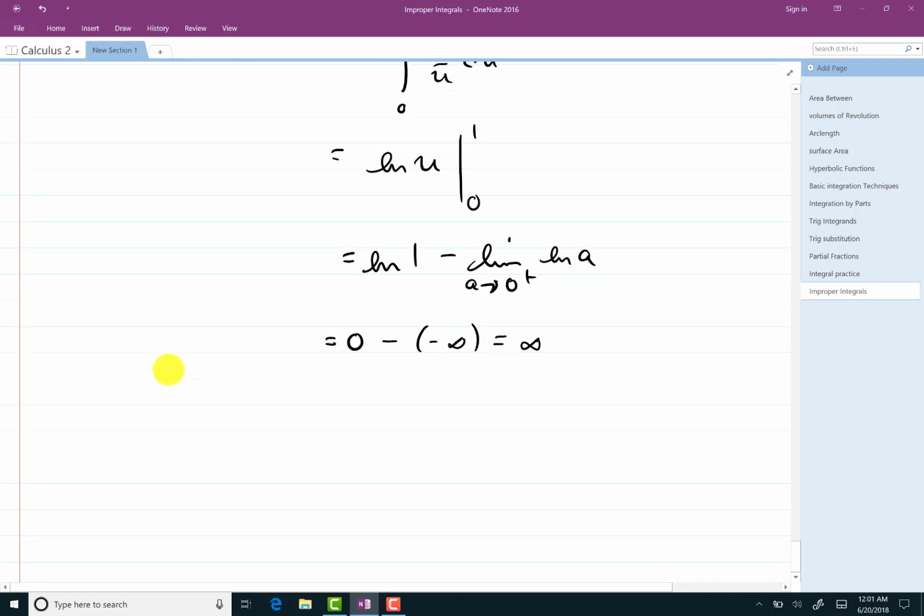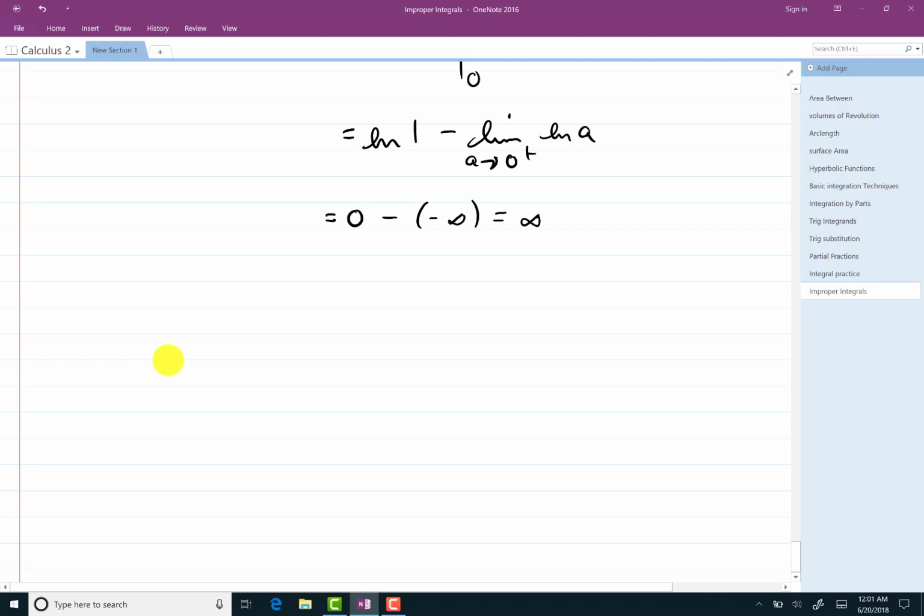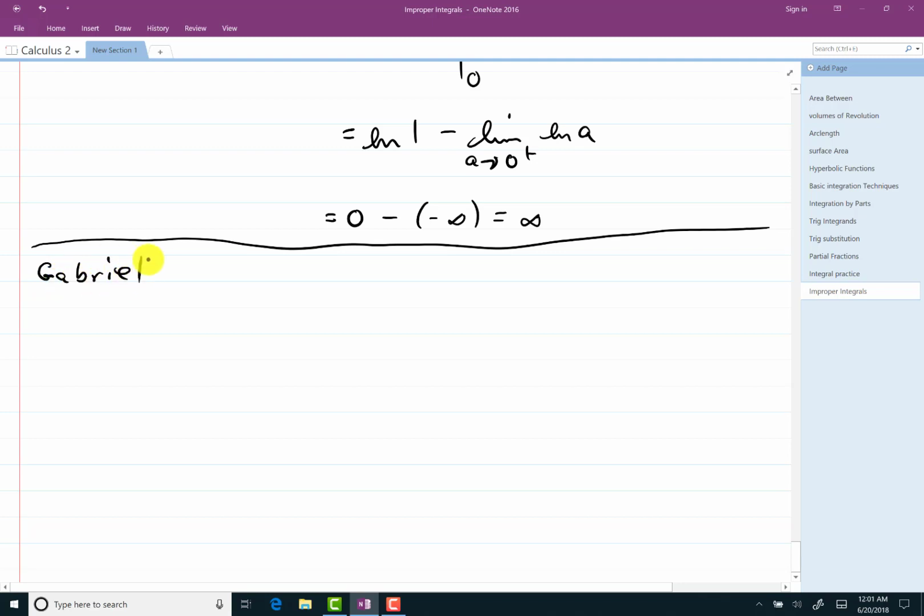I did want to bring up something that was sort of paradoxical. It's referred to as Gabriel's horn. This is the Gabriel from the Bible. So as you can imagine, the horn must be pretty spectacular.